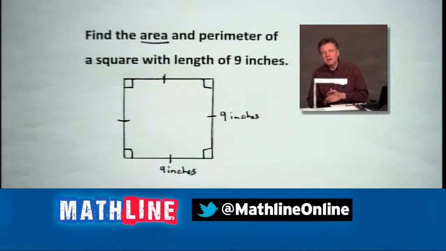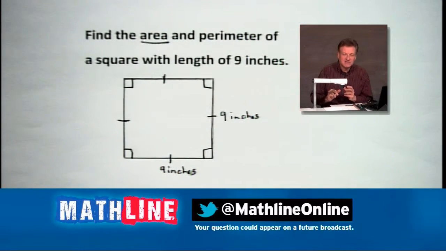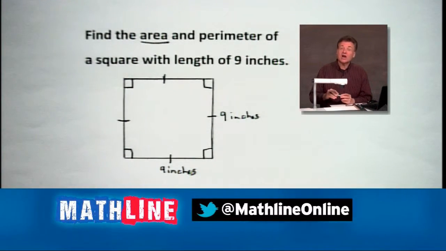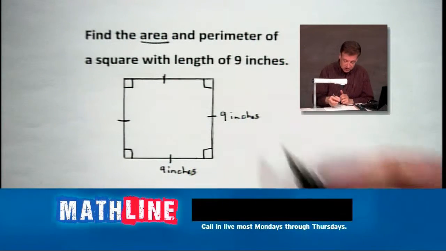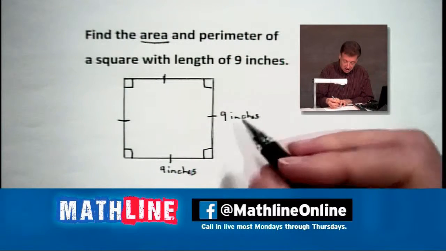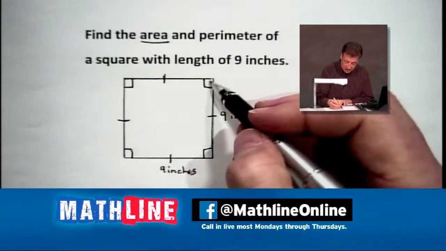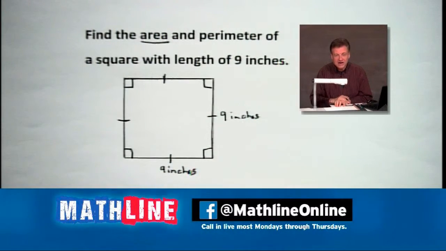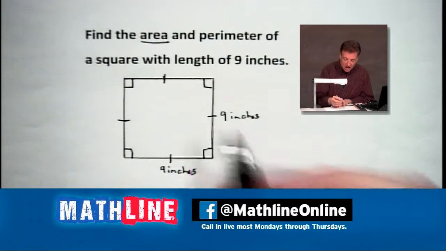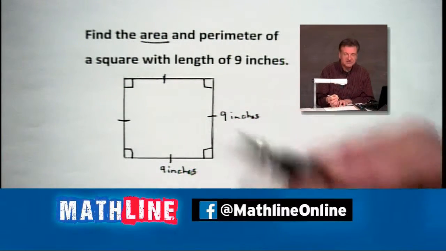The area formula, remember, for a rectangle is length times width. You say, well, Ernie, are squares rectangles? Yes, they are. Squares are rectangles. Now, are all rectangles squares? No. But when we have this little requirement to be a square, you've got to have these 4 nice little corners, 4 90-degree angles, right angles. You've also got to have all the sides being the same.